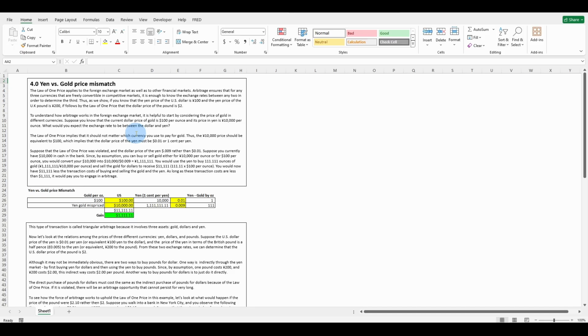Suppose that the law of one price was violated, and the dollar price of the yen is 0.009 rather than 0.01. Suppose you currently have $10,000 in cash in the bank. Since by assumption you can buy or sell gold either for 10,000 yen per ounce or for $100 per ounce, you can convert your $10,000 into 10,000 divided by 0.009 equals 1,111,111 yen.